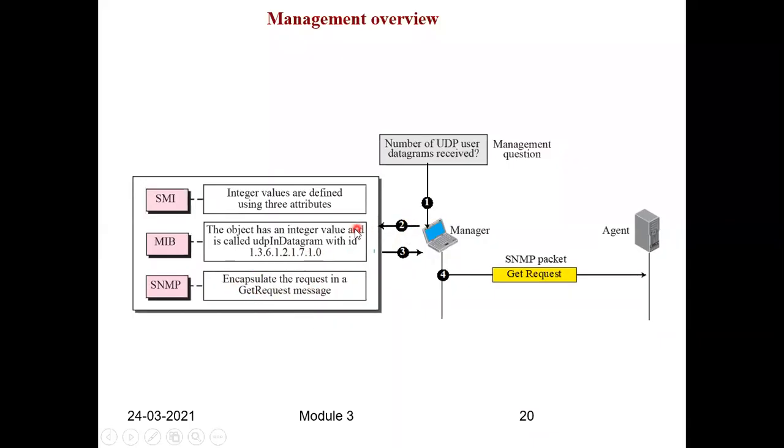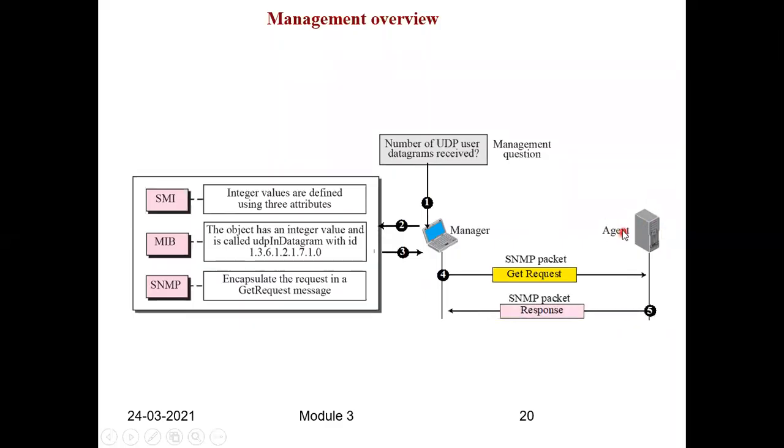Step 2 is going to the management section, and while the data comes out of step 3, all these 3 things are being performed by this section. Once the packet is ready, the SNMP sends a get request message to the agent. Now the agent receives the get request. So that is my step number 4.